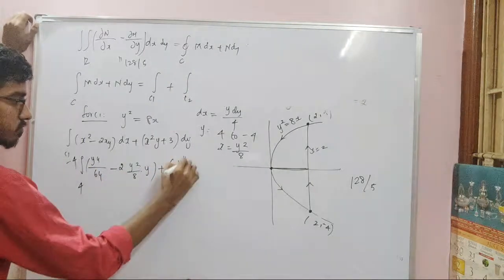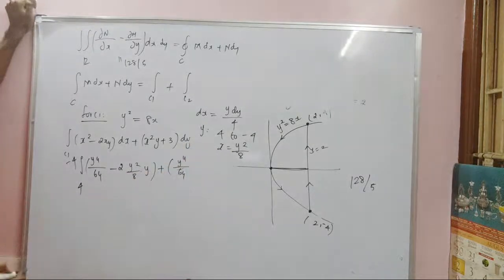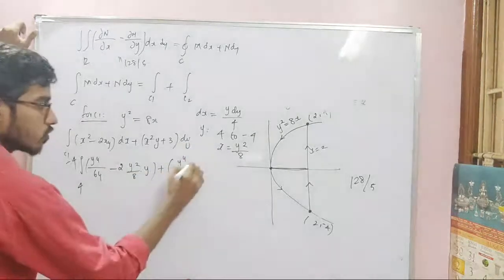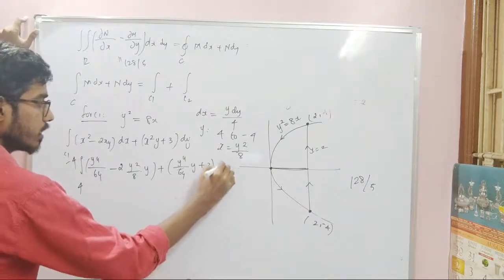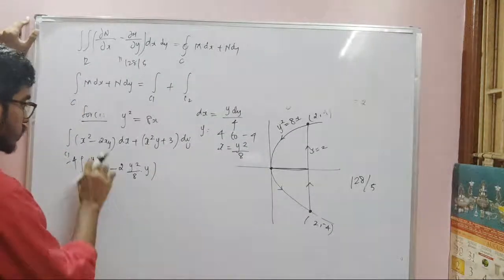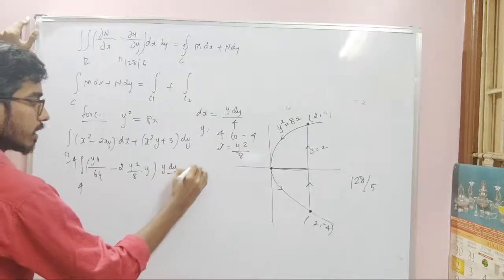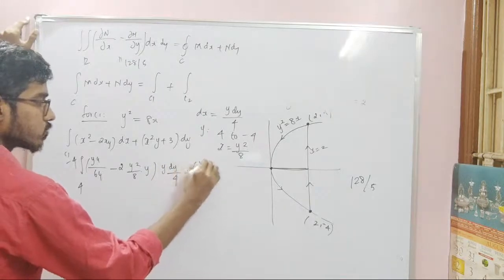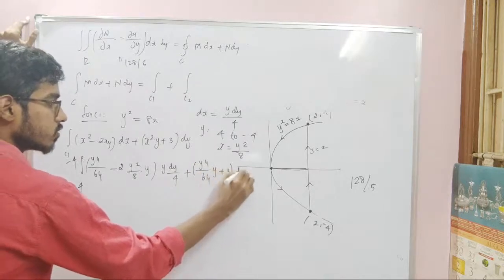So x square is y power 4 by 64, because x is y square by 8. So this will be y power 4 by 64 into y plus 3 into dy, and again I have left dx. So dx is y dy by 4, plus x square. So x square is y power 4 by 64 into y plus 3 into dy.